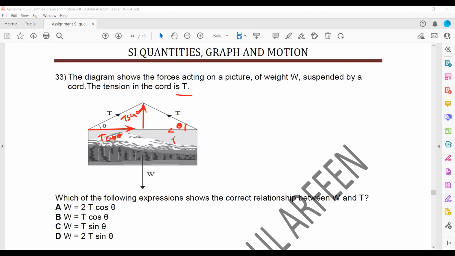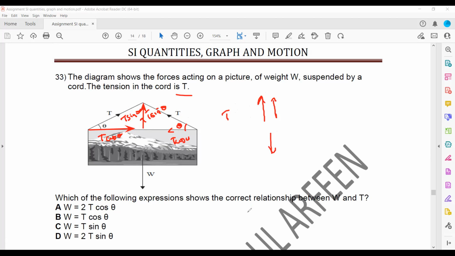So the component of a vector which is with an angle is T cos theta and against the angle will be T sin theta. So T sin theta and T sin theta are acting upward and weight is acting downward, but because it is in equilibrium, there is no resultant force, so the total upward force equals the downward force.